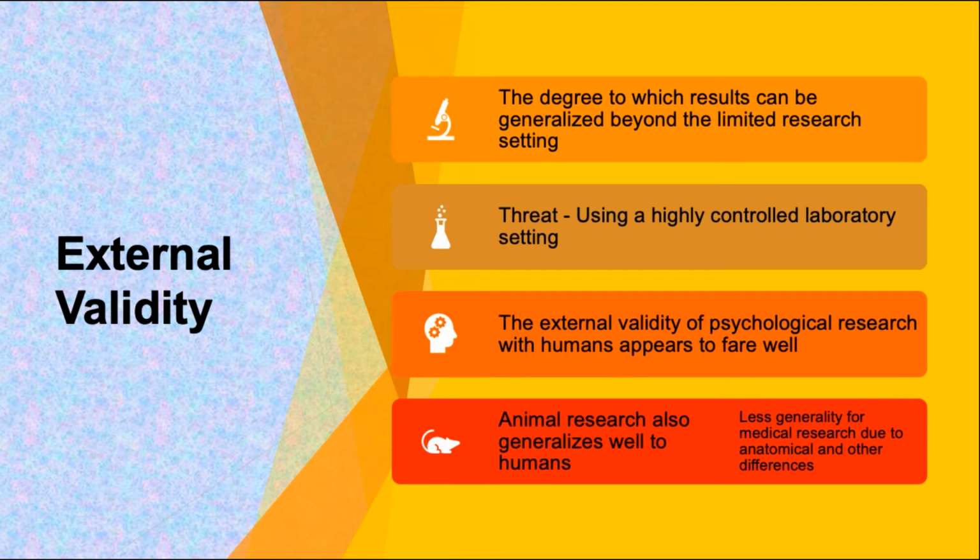However, as stated by Mook in 1983, it is a fallacy to assume that the purpose of collecting data in the laboratory is to predict real-life behavior in the real world. Mook pointed out that much of the research conducted in the laboratory is designed to determine one of the following.